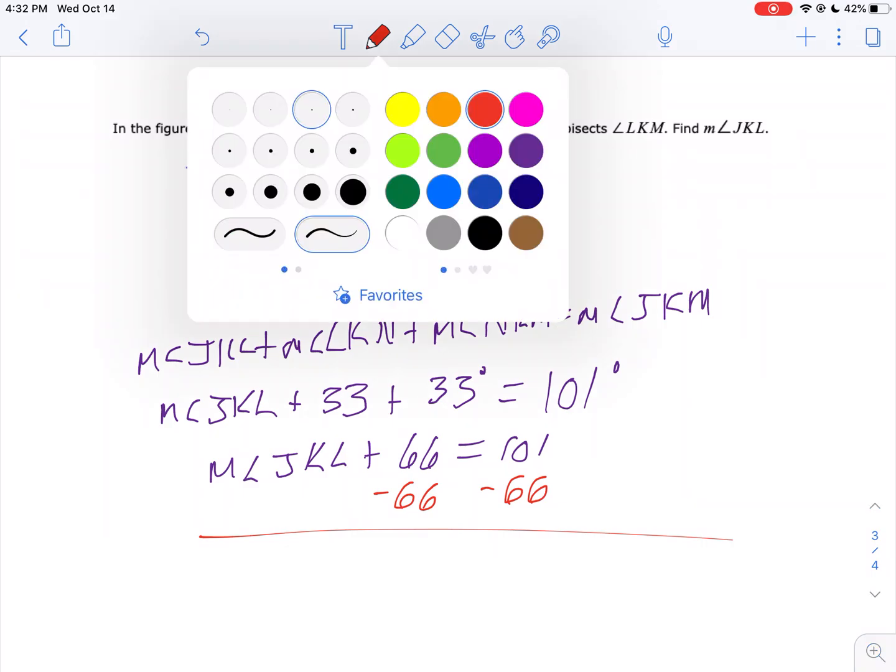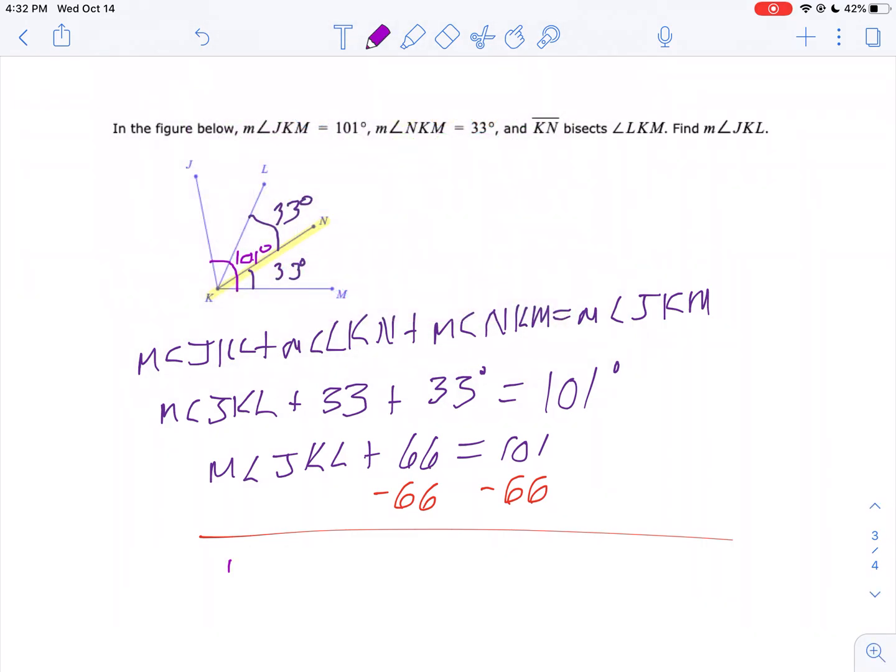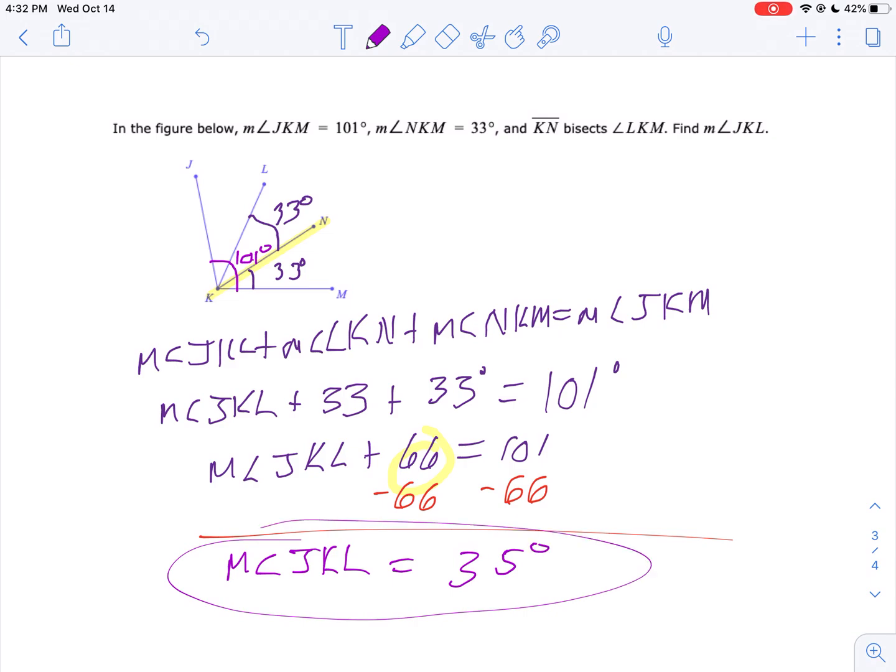So we bring down the measure of angle JKL. 66 minus 66, well, that's 0, so I don't have to do anything there. And we'll take 101 minus 66. 11 minus 6 is 5. 9 minus 6 is 3. There's your angle, 35 degrees. That's the kind of work I want you to see. I want to see when you redo this. After you redo it, upload your work to Schoology.